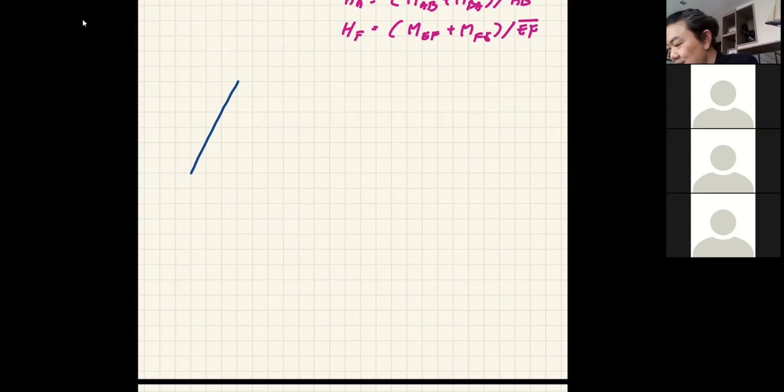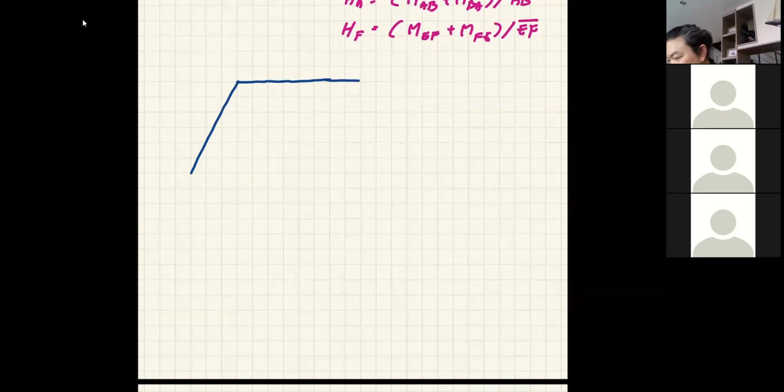Now you see the frame didn't have the vertical member anymore, because some of you would really like to add the side sway to the horizontal member. Okay, let's push it down with the load.